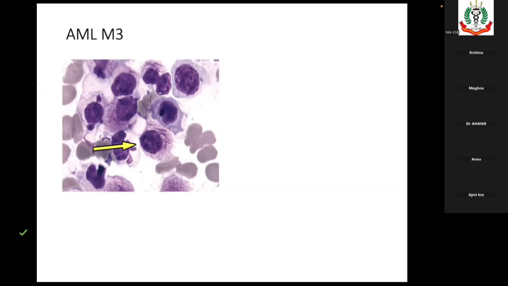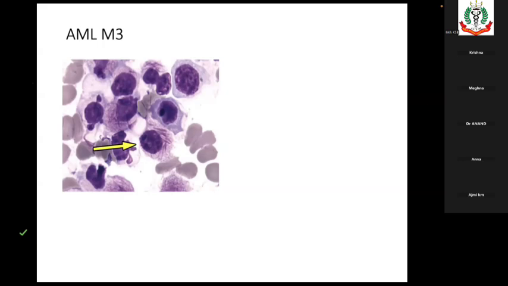If it's a young child coming with generalized or just cervical lymphadenopathy, hepatosplenomegaly, and they will give a blood value of low hemoglobin, total count nearly 1 lakh or more than 1 lakh, with blasts more than 20%, and platelets reduced in any range, less than 50,000 or 80,000 or whichever range.